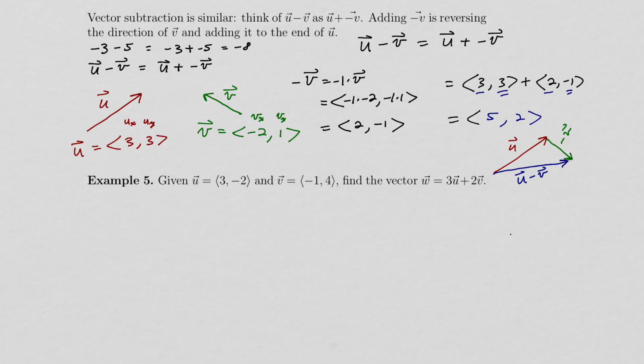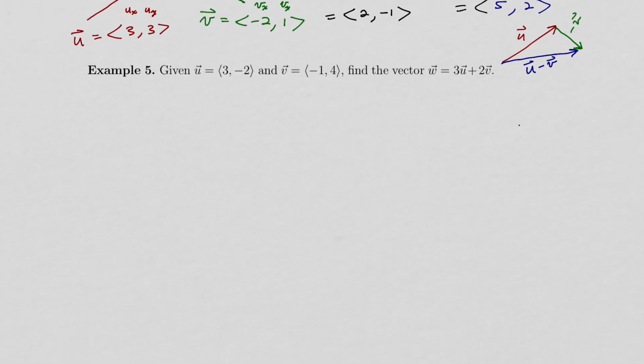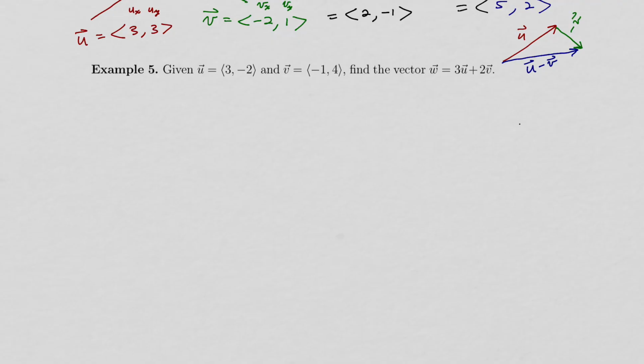Okay, let's do one more example. So now we're given two initial vectors, right? We're told u is 3, negative 2.